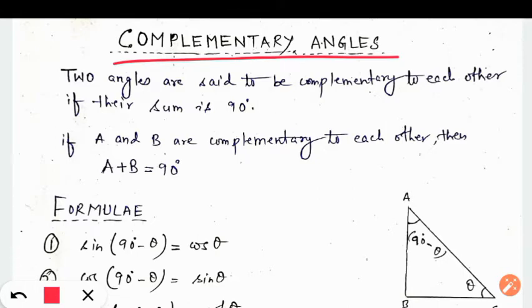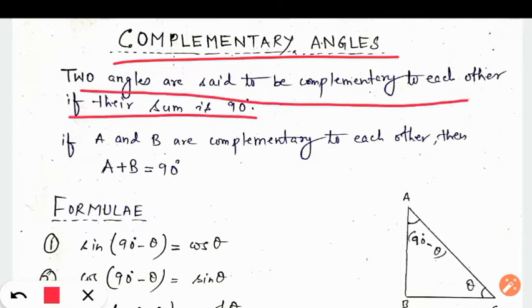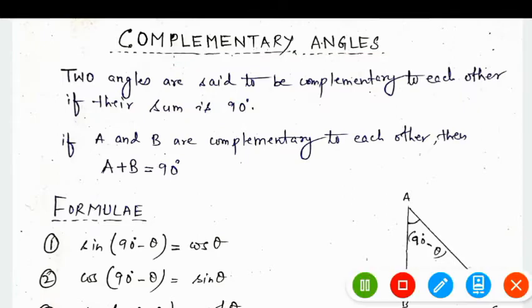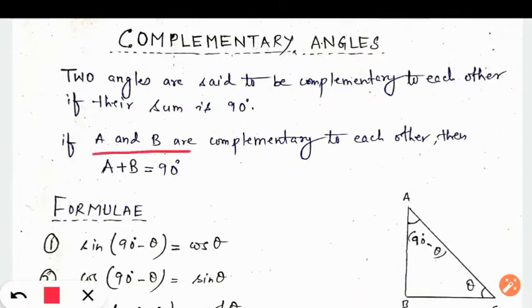Now, what do you mean by complementary angles? Two angles are said to be complementary to each other if their sum is 90 degrees. In other words, if angles A and B are complementary to each other, then A plus B must equal 90 degrees. Simply by adding two angles, if we get 90 degrees, then those two angles are complementary to each other.